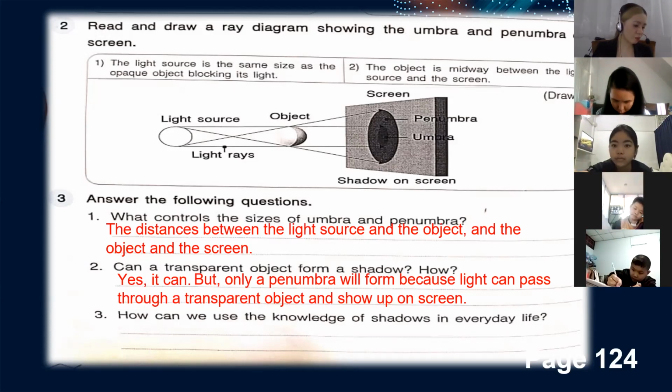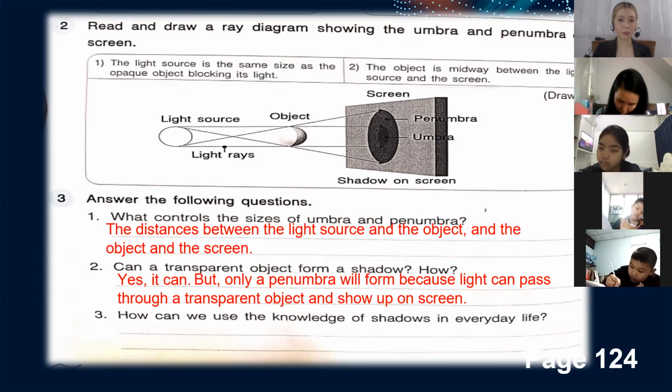You can also see that on page 123. Shadows are used in many ways. For example, to protect ourselves from direct sunlight when we are outdoors. Very good.